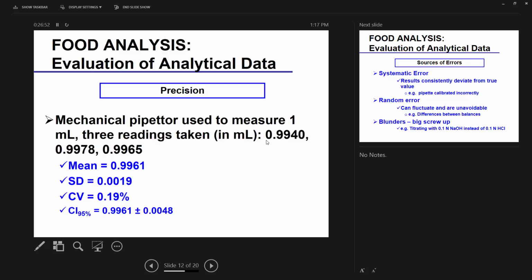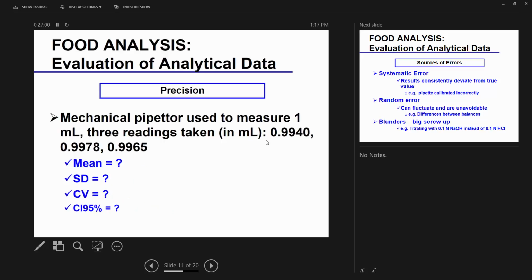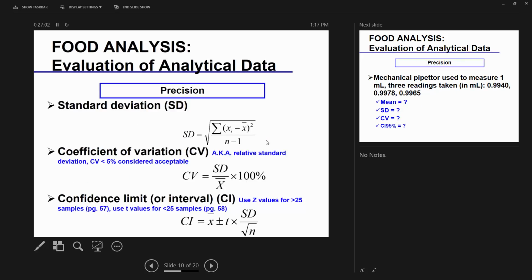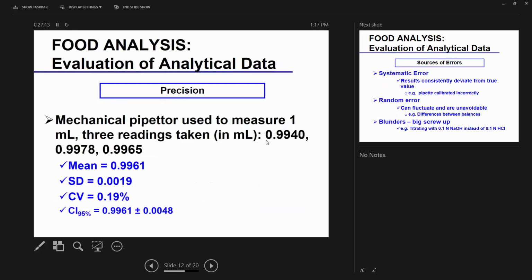You'll be measuring all of this in the lab next week, and this is how you want to report your confidence interval, plus or minus. So if you go back here, you calculate this value, t times your standard error, and then plus or minus this value is your confidence interval.